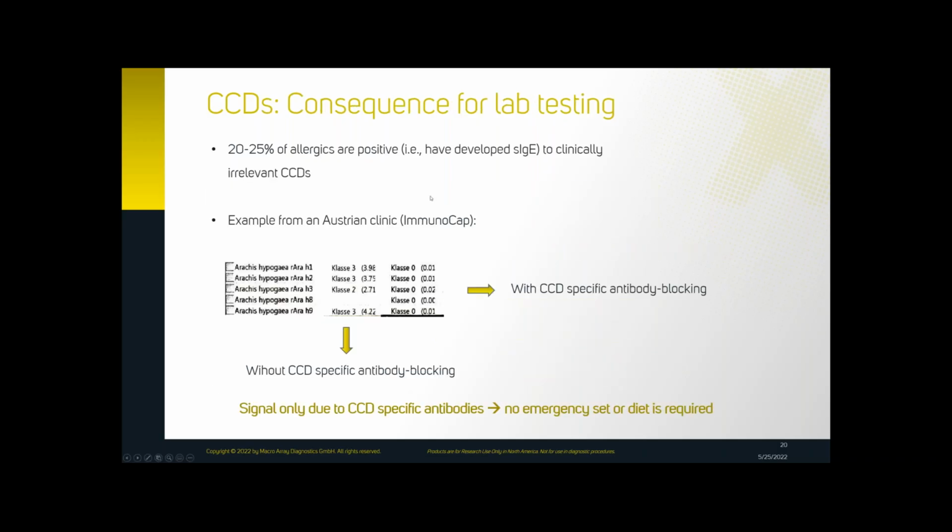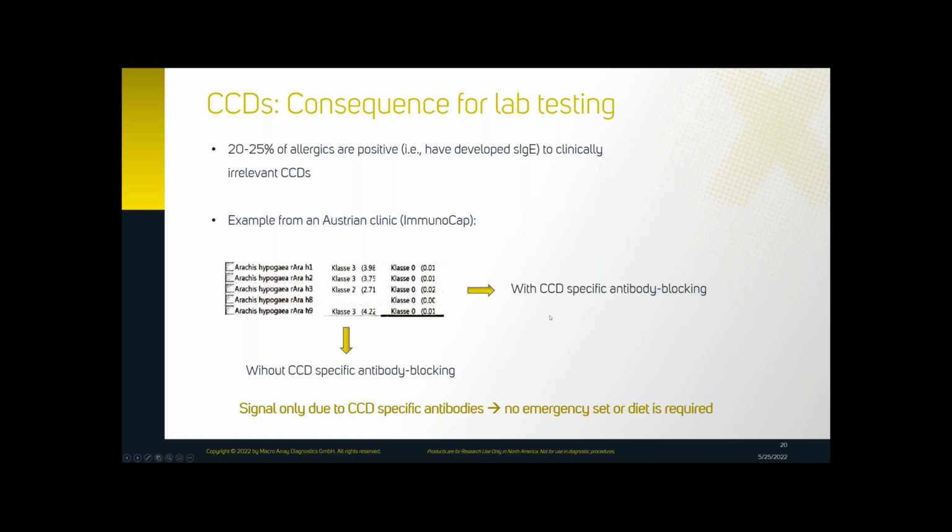About 20 to 25 percent of the allergics are positive to clinically irrelevant CCDs. And this is also an example from an Austrian clinic where a patient was diagnosed for peanuts. And you see that quite a lot of peanut allergens were elevated without the CCD specific antibody blocking.